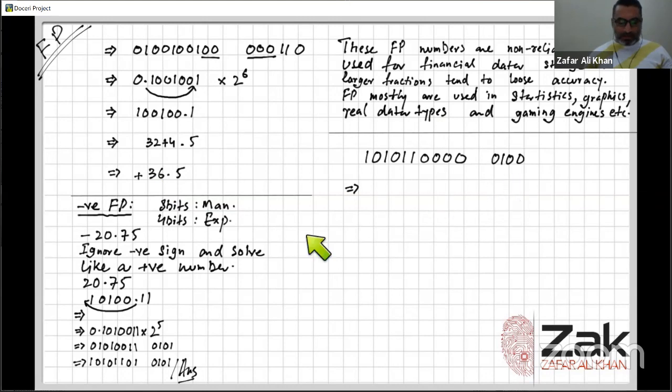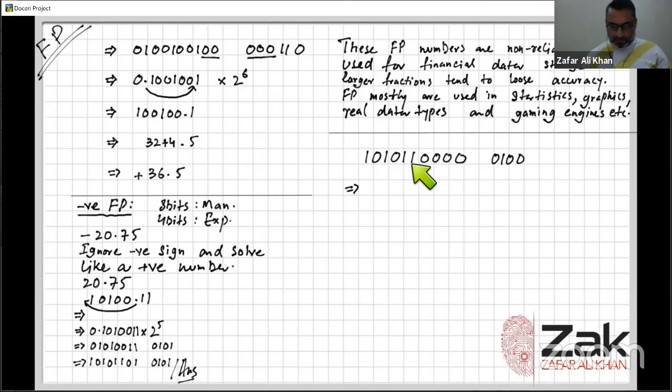So, as the rule says for the 2's complement conversion from negative to positive and positive to negative in floating point, keep the exponent the same, and in the mantissa, to the first one, keep it the same and toggle the rest.